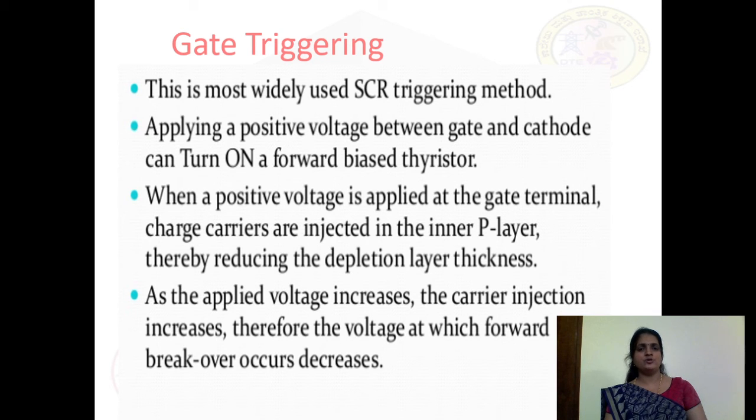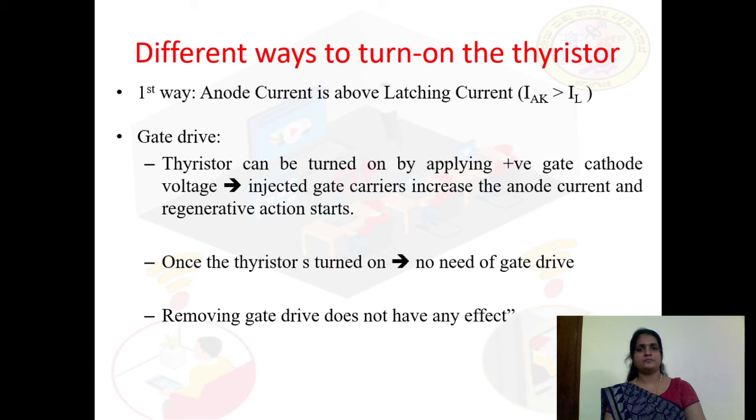When the positive voltage is applied at the gate terminal, charge carriers are injected into the inner P layer, thereby reducing the depletion layer thickness. As this applied voltage increases, the carrier injection increases, therefore the forward breakover voltage decreases.